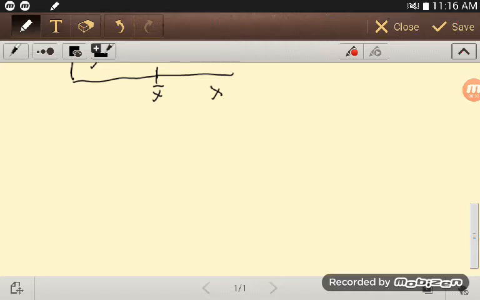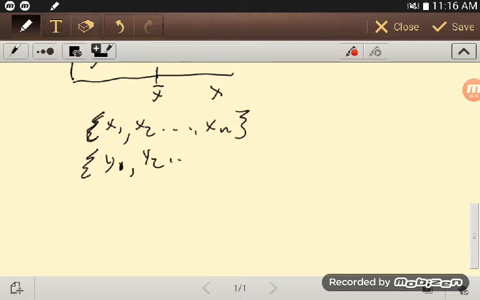To calculate that slope, you have a bunch of xi's, x1, x2, up to some xn, and you're also given a set of y values that go with it, y1, y2, up to yn. Then from that you could calculate an x bar and a y bar.